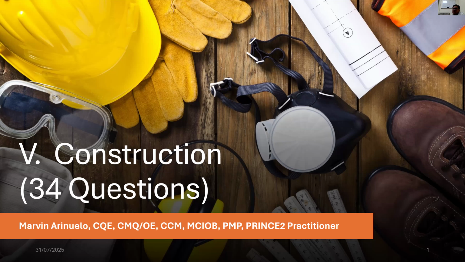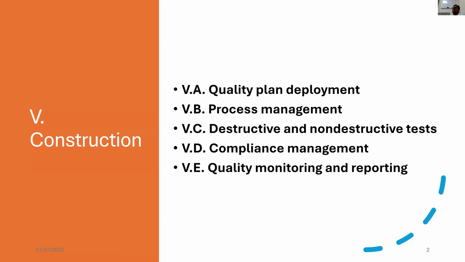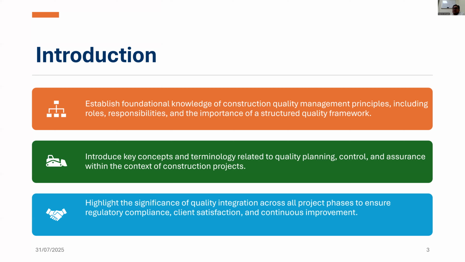Okay, so we will dive into the phase of quality management to align design with quality goals, which is absolutely critical. So here we have five subsections from 5.A to 5.E. So, introduction. Here we will introduce the key elements of design quality, including inputs, process, and outputs, right?